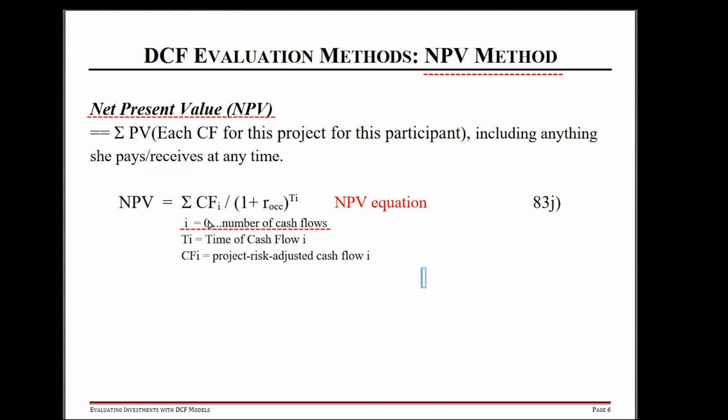So this ensures that we capture any cash flow at t equals 0. T sub I is still going to be the time of cash flow I, and CF sub I is going to be our project risk adjusted cash flow I. So very similar to our PV total equation, but we're just moving our index start point to 0 to make sure we capture every stinking cash flow. And now, of course, also we're using a proper algebraic sign convention here.